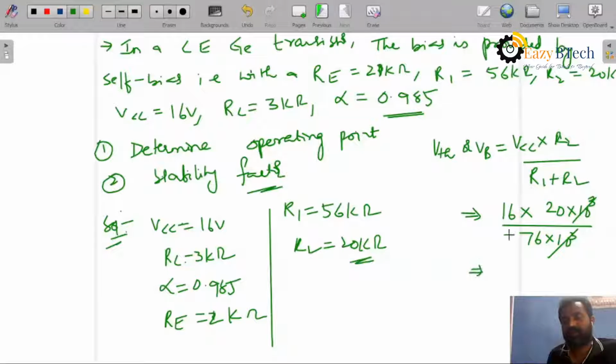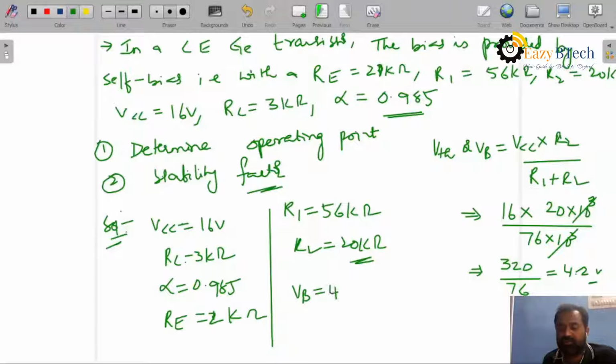You will get 16 into 20, that is 320 divided by 76. Approximately this value is 4.21. The value of VB is 4.21 volts.